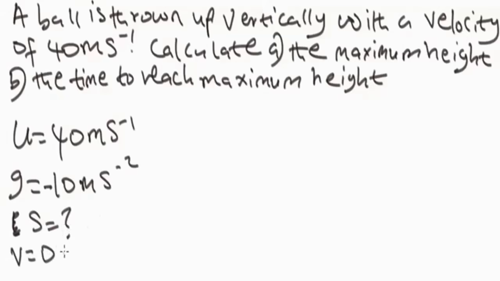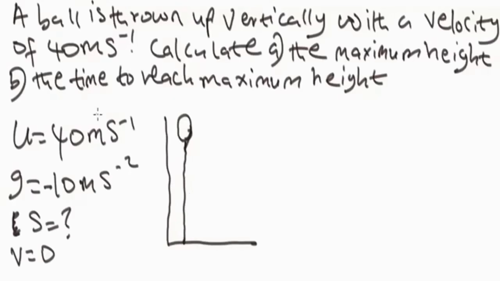Let me show you. Let me say this is a wall and this is the ground. So when you throw up an object, let's say this is a ball, you throw up a ball. The question says that the velocity you use to throw up the ball vertically is 40 meters per second. Now the final velocity v will be the velocity at the maximum height.